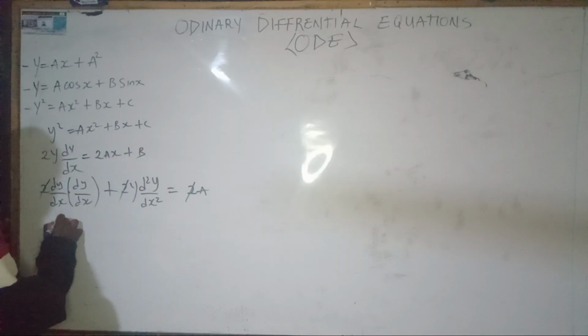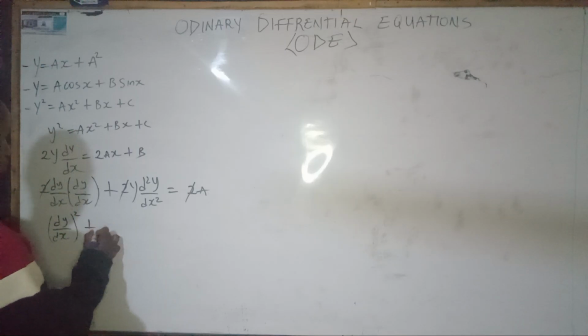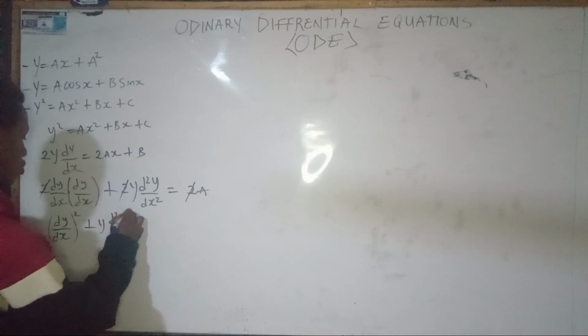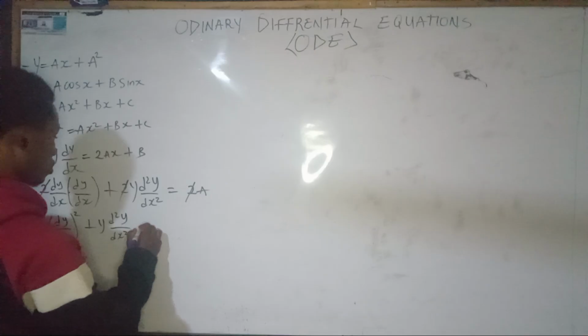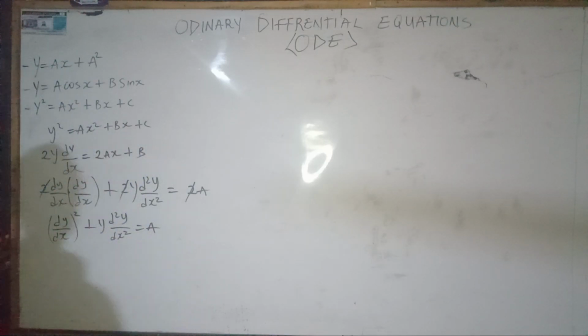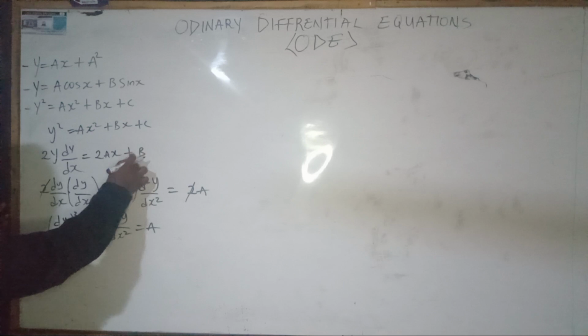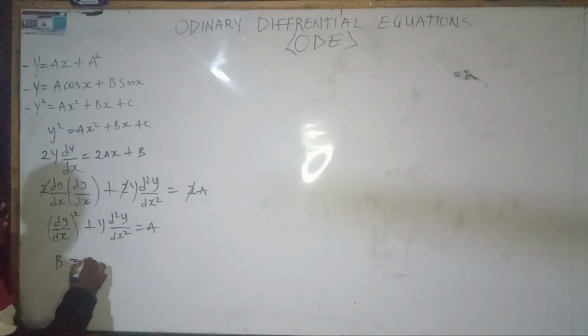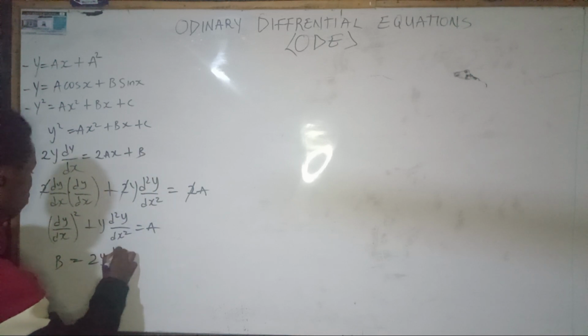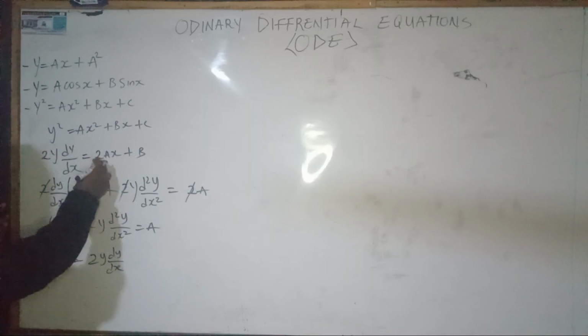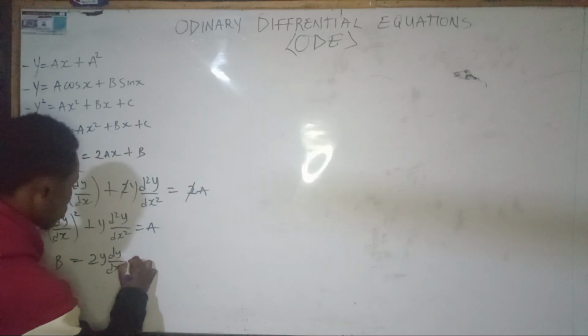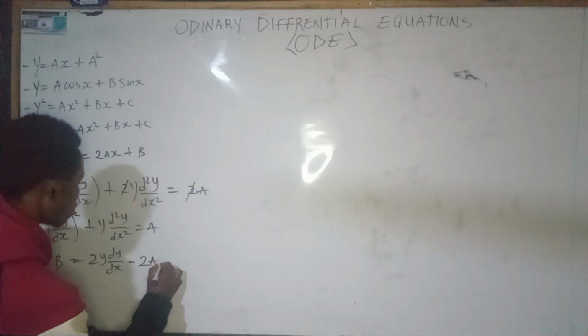And we are going to be having (dy/dx) all squared plus y d²y/dx² equals a. So now we know that this here is equal to a, and therefore from this equation here, our b is equal to 2y dy/dx minus 2ax.